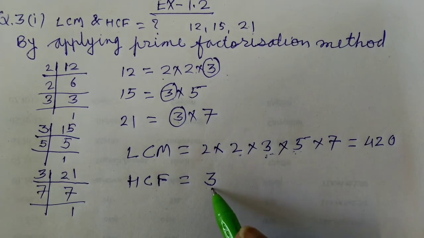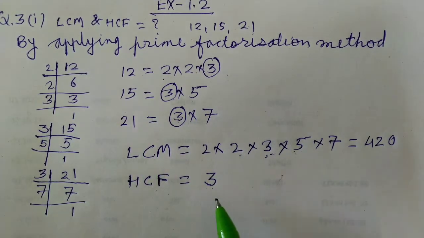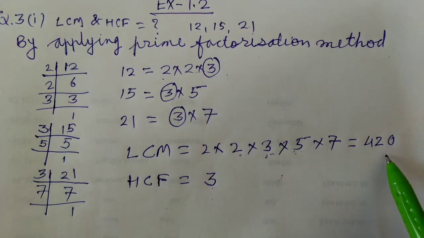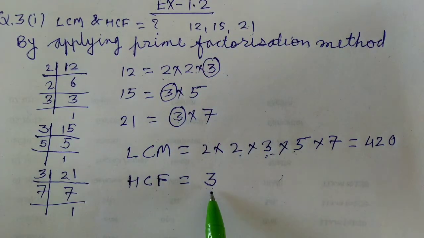And HCF is 3. So this is the required answer: LCM of 12, 15 and 21 is 420, and HCF is 3.